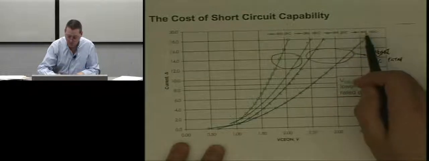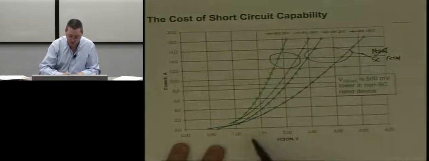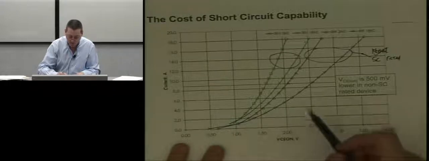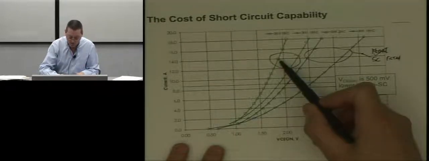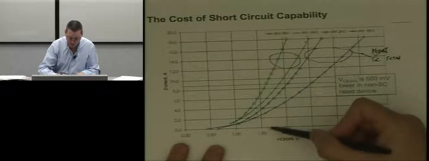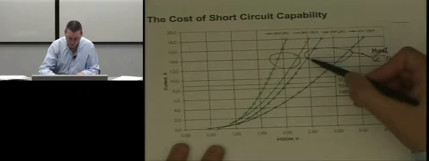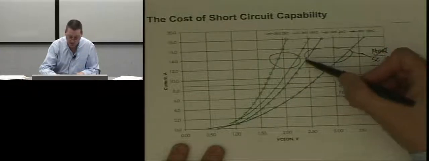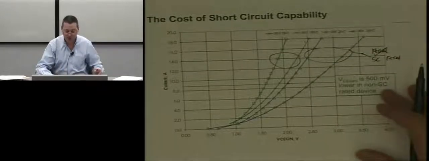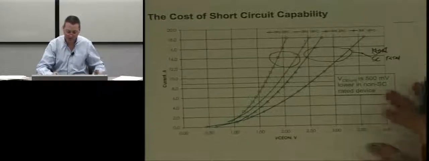So this is 25C and 150C for non-short circuit rated. Same thing, 25C and 150C for a short circuit rated device. And you can see that for the same current at 25C, I give up about 1.8 versus about 2.4. So it's quite a bit of saturation voltage trade-off in order to gain that short circuit capability. It's about 500 millivolts.